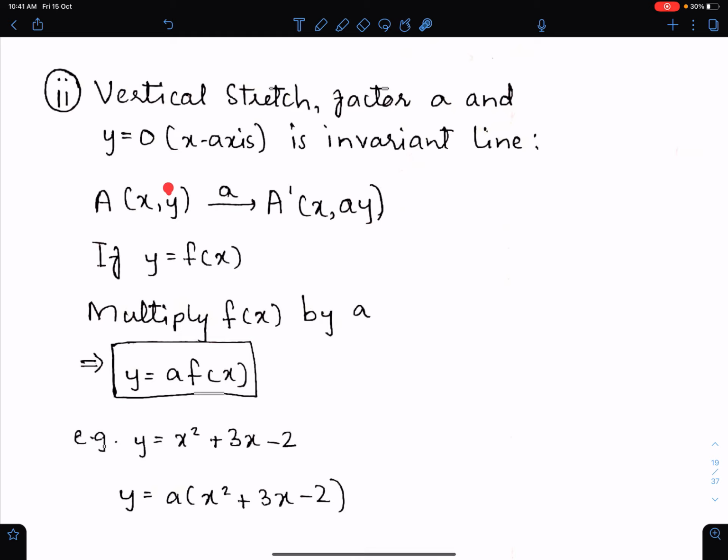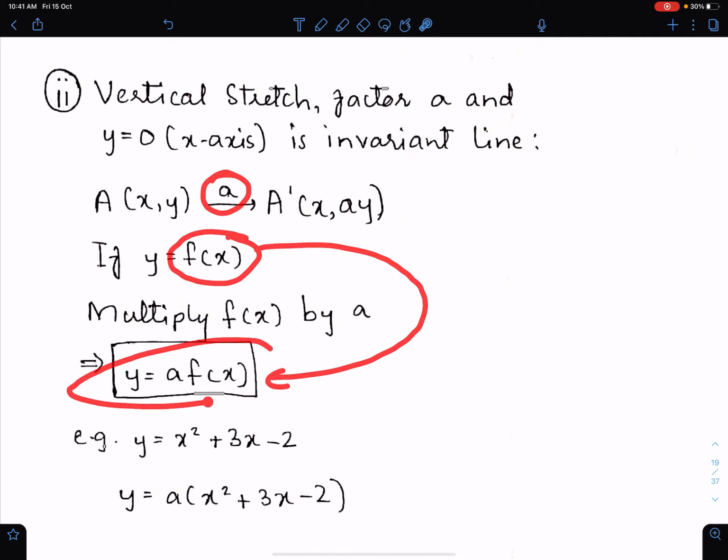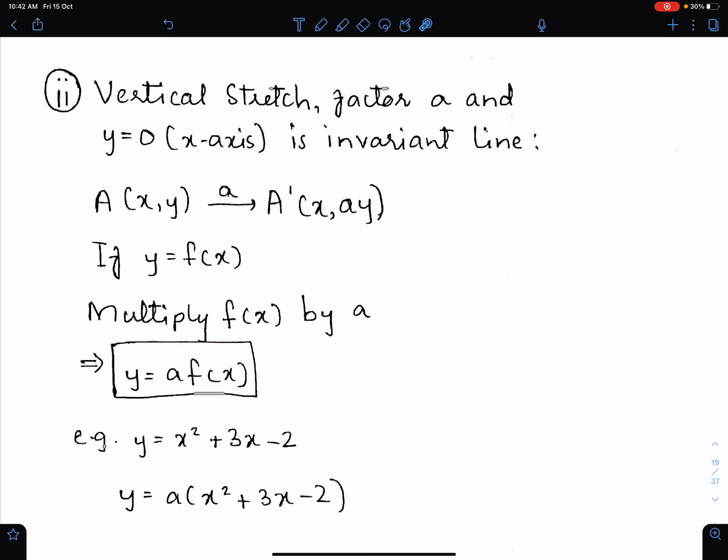We need to multiply this y with the same stretch factor to get the coordinates of the image, and we need to multiply this f of x with the same stretch factor to get the equation of the resulting graph. So we use the same stretch factor throughout in vertical stretch. So if this is the equation of the object, and if this is the stretch factor A, then this will be the equation of the resulting graph. We just need to multiply this with the same stretch factor.